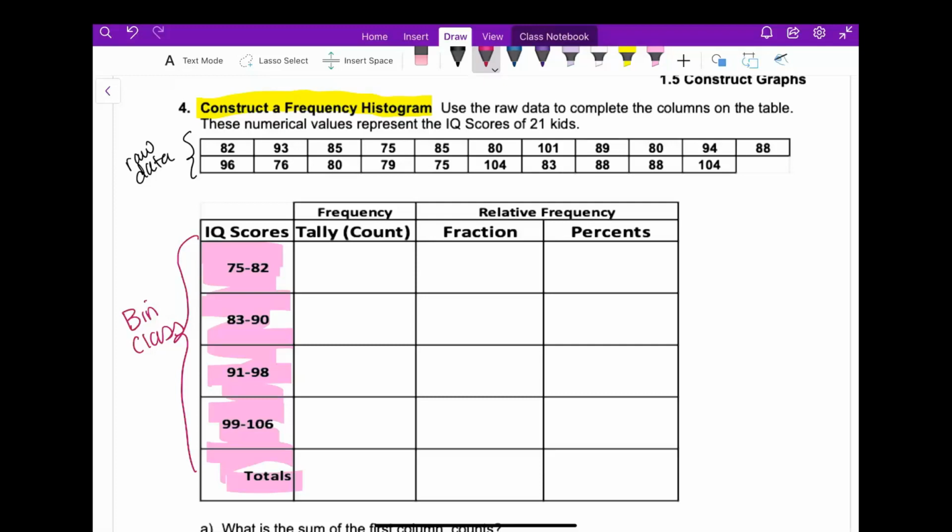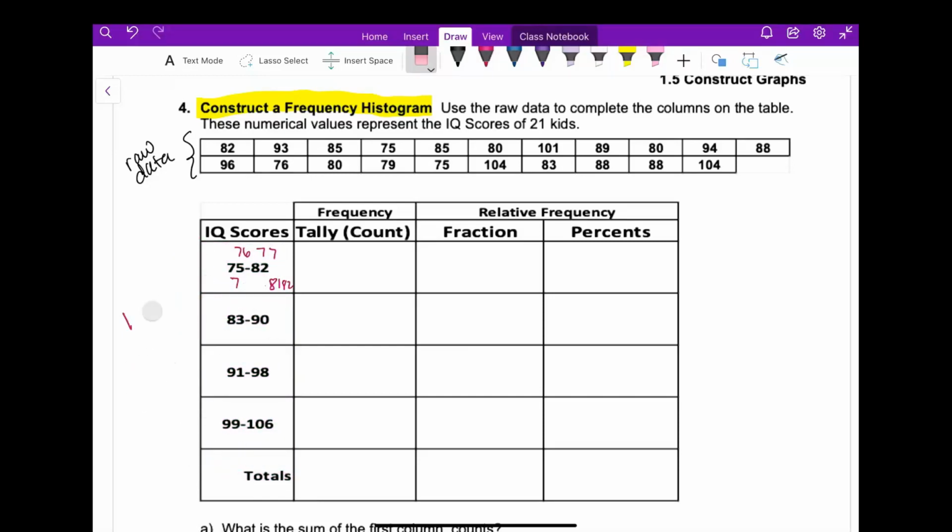But overall, we've talked about this before. It is a box, right? You can picture it like a box, and it has certain values in it. This box has the 75 value in it, 76, 77, 78, 79, 80, 81, 82. That's what's in this box.